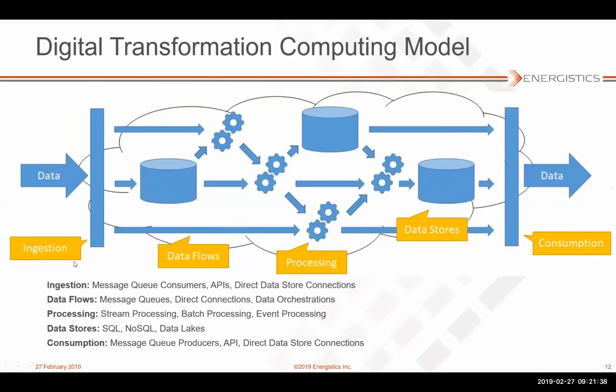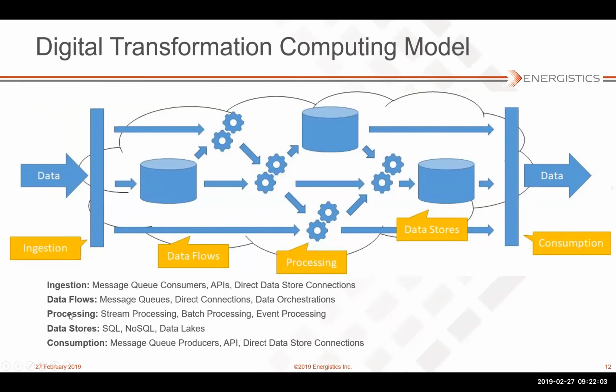You have some technology running in the cloud. You're getting some data into the cloud using message queues or APIs or direct connections to data stores.